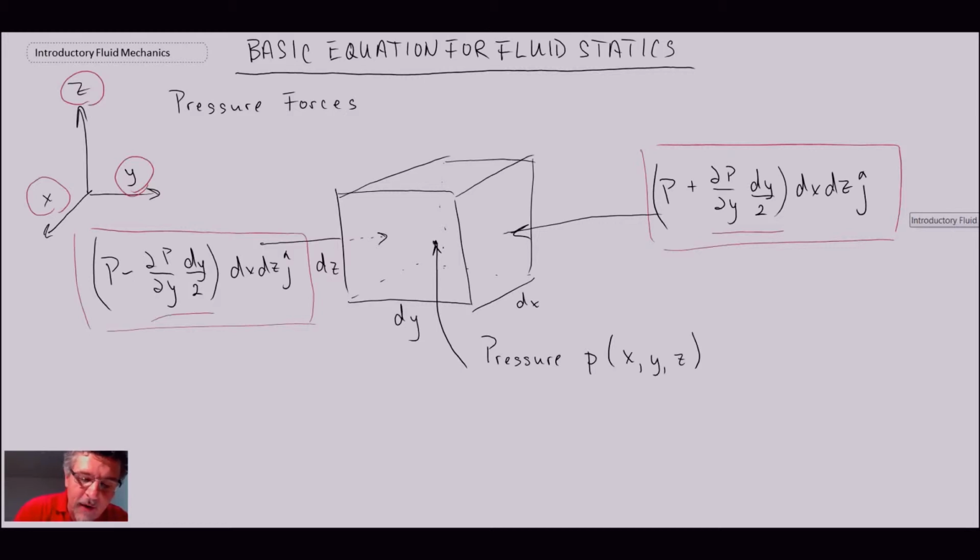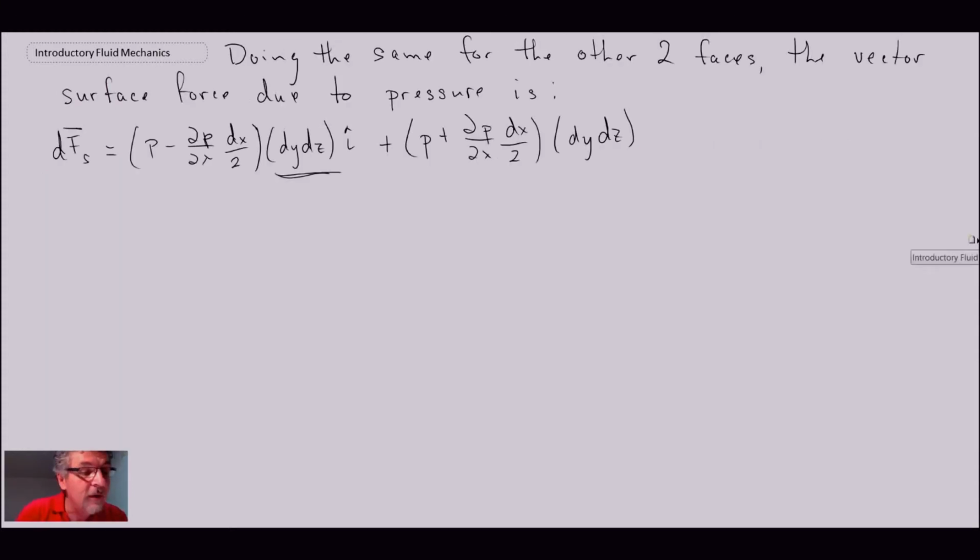We said x was positive in this way, so the back face is back here and the front face is here. But notice that in this case the unit vector is i in that direction, and here we're doing a dot product, but the unit vector here is in the minus i direction, and consequently we need to carry that through when we do our expansion. And so we have minus i for the unit vector, and we'll do that for the other surfaces as well.